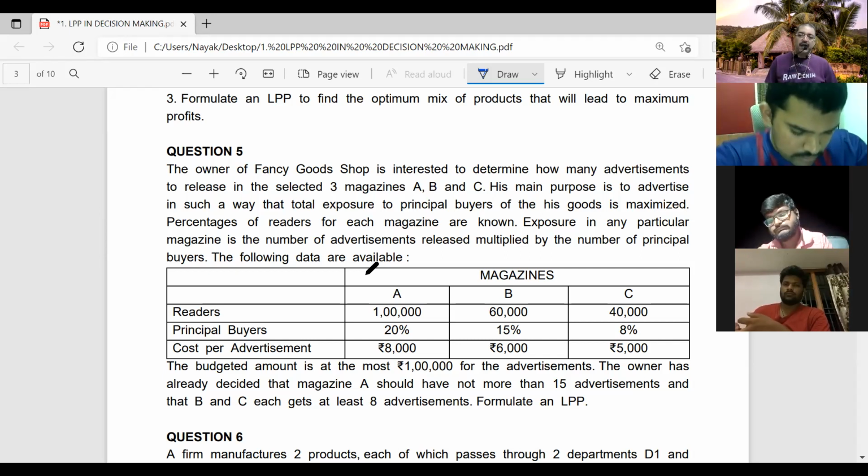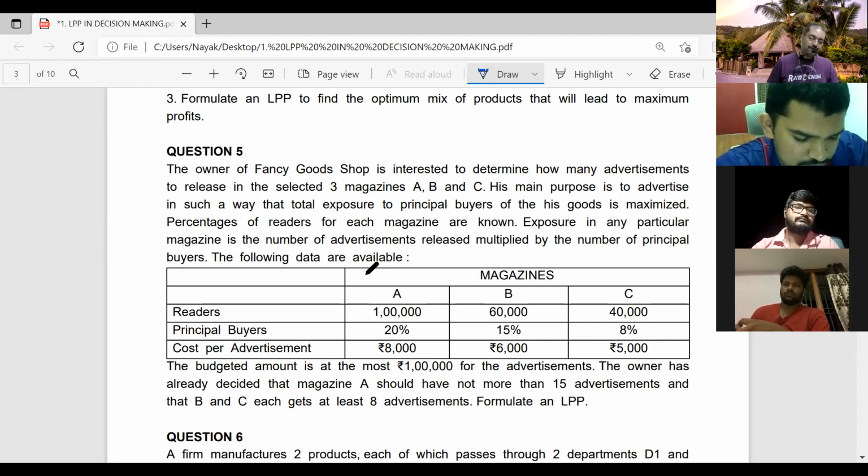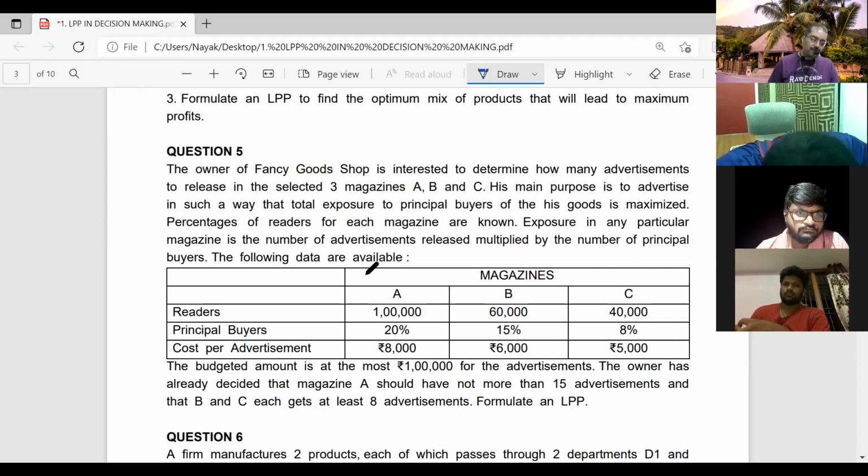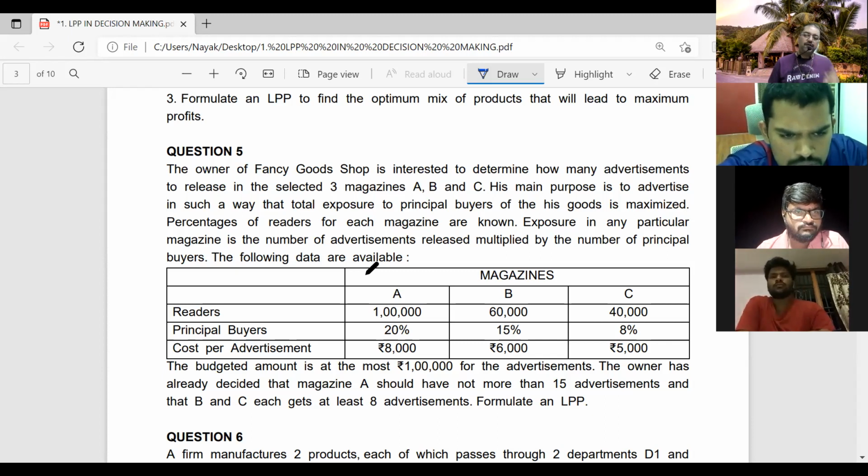Let us start with defining the variables. What will be the variables here? X1, X2 and X3. What will that be? Will it be number of readers? Will it be number of advertisements? Will it be the cost of the advertisements? What will it be?